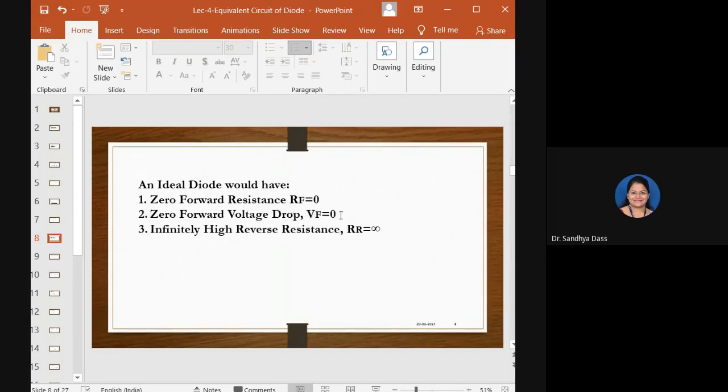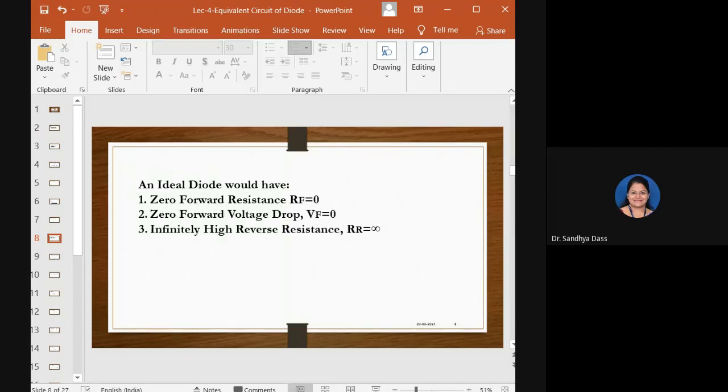So Vf would be 0, and infinitely high reverse resistance. The reverse resistance would be infinite because there is no current flowing in the ideal diode. Typically, these would be the characteristics of an ideal diode.